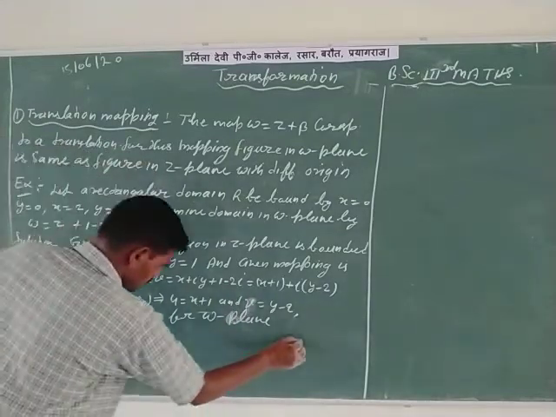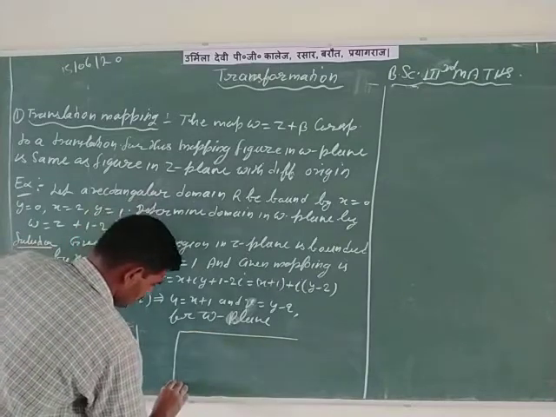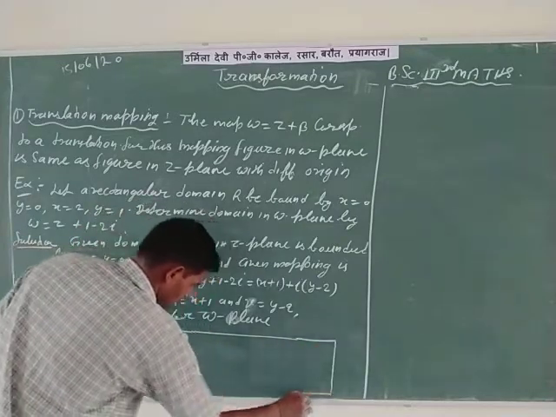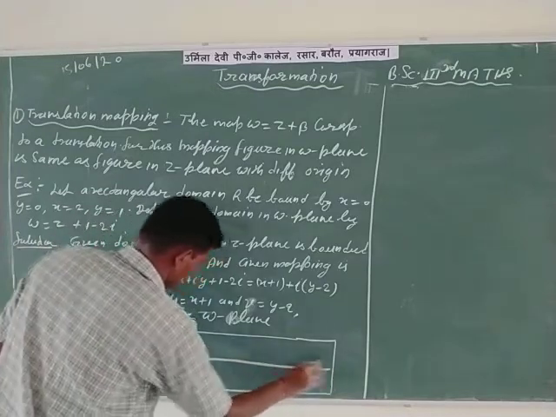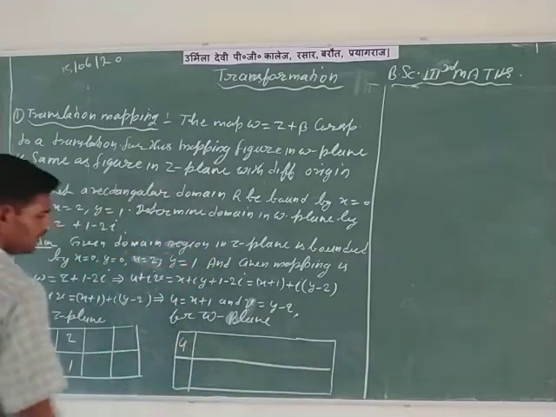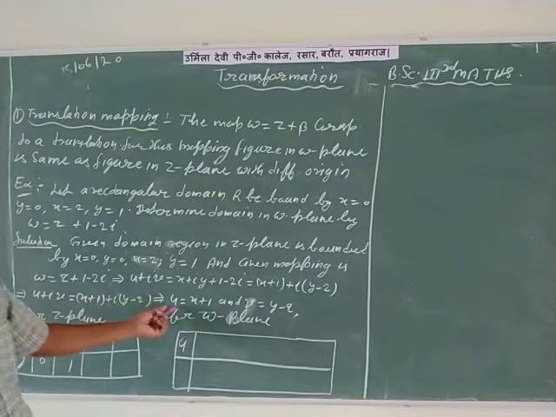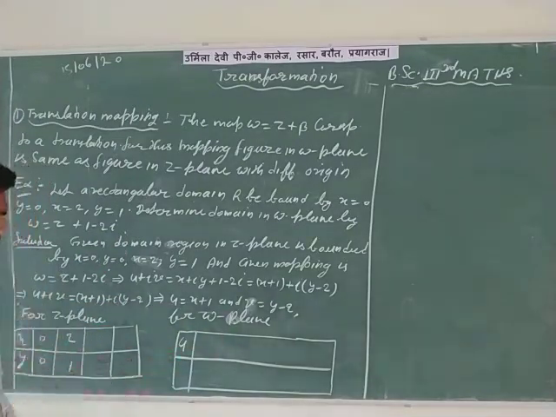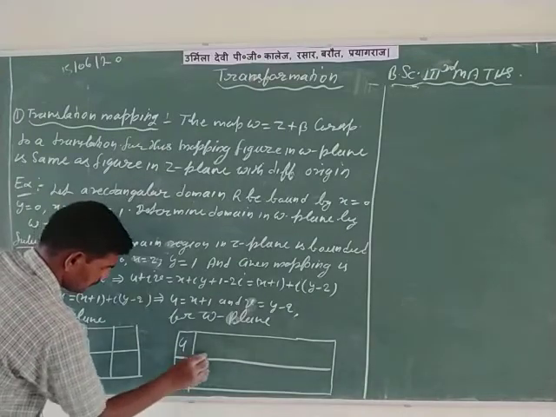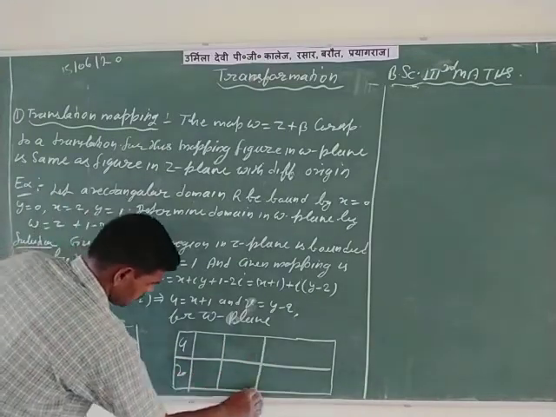So for this, draw a table and write small u here in the W plane. Small u is the real value and small v is the imaginary value. So u and v.